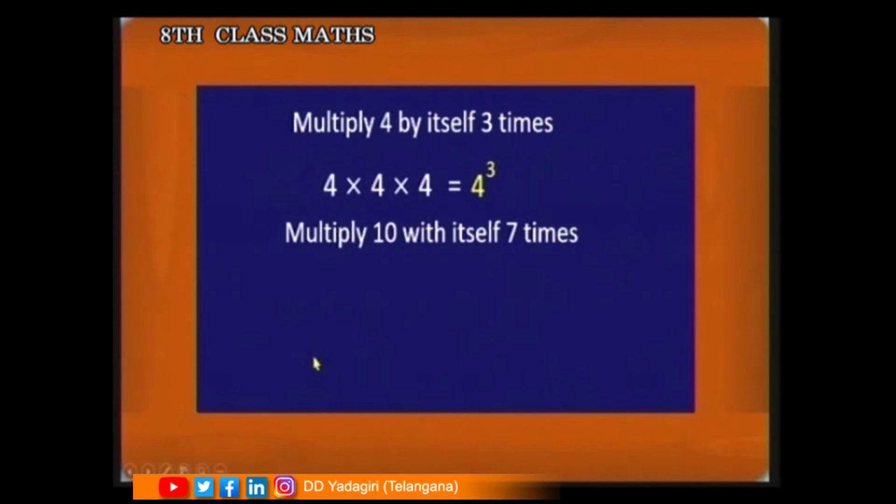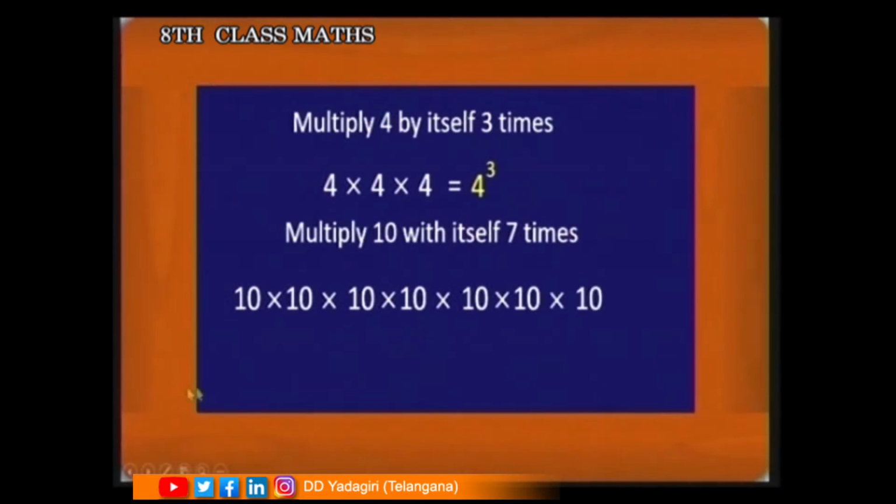Now observe here, multiply 10 with itself 7 times. How do you write this? 10 into 10 into 10 into 10 into 10 into 10. Like this, 7 times we multiply 10 with itself, and we write this in short form as 10 to the power how much? How many times are we multiplying 10 with itself? 7 times.